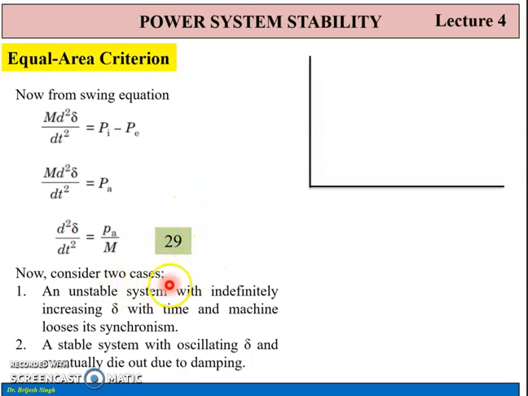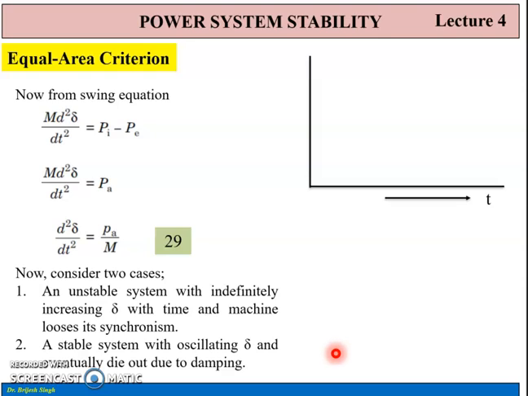Now we have to consider two cases. One is an unstable system with delta increasing infinitely with time, where the machine loses its synchronism. The second case is a stable system with oscillating delta that eventually dies out due to the damping of the system.